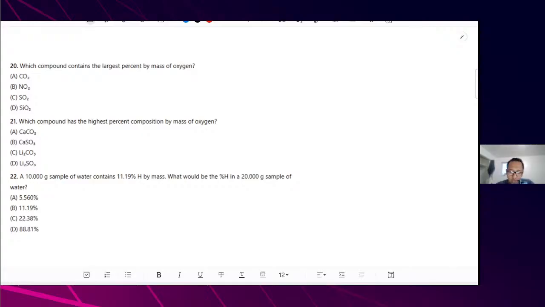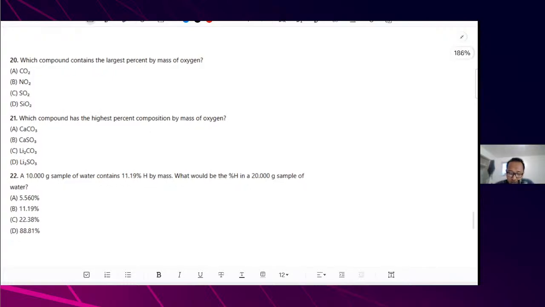All right. So now we are in question 20. Which compound contains the largest percent by mass of oxygen? Okay.